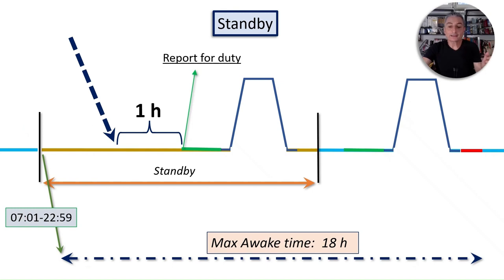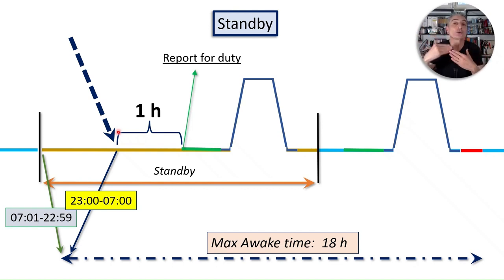But if our standby is in the night, so between 23 and 07, the rule supposes that we are sleeping, so there's no problem, and therefore the maximum awake time of 18 hours starts at the moment we receive the call, okay? Because at that moment we receive the call, we wake up, so from that moment we are considered awakened and we can work up to 18 hours.